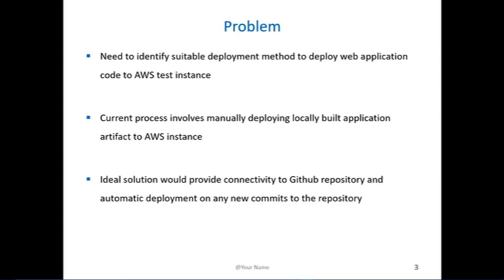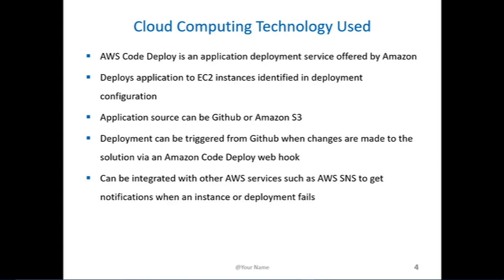And thus we were looking for a deployment option that would allow constant deployment as soon as a commit was applied, whereupon we would build and publish the website to the EC2 instance. So for this exercise, we identified AWS CodeDeploy as a potential service to execute this.